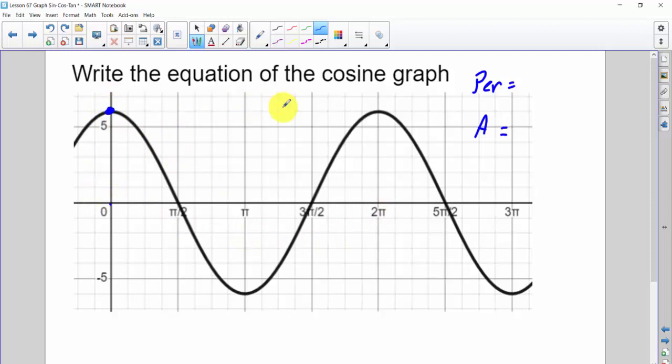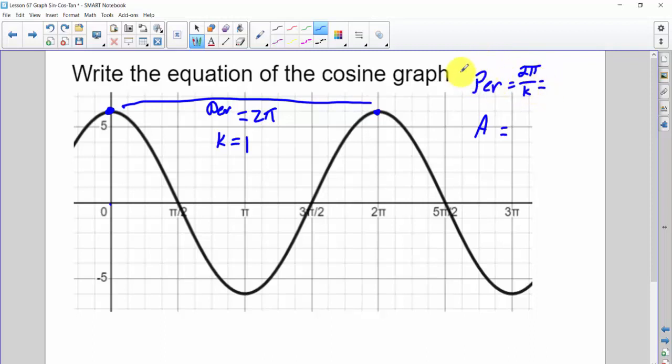This should repeat if nothing has changed in 2 pi, and notice that's exactly what it does. Our period equals 2 pi. So that basically says k equals 1. And since our period is 2 pi, k must equal 1.